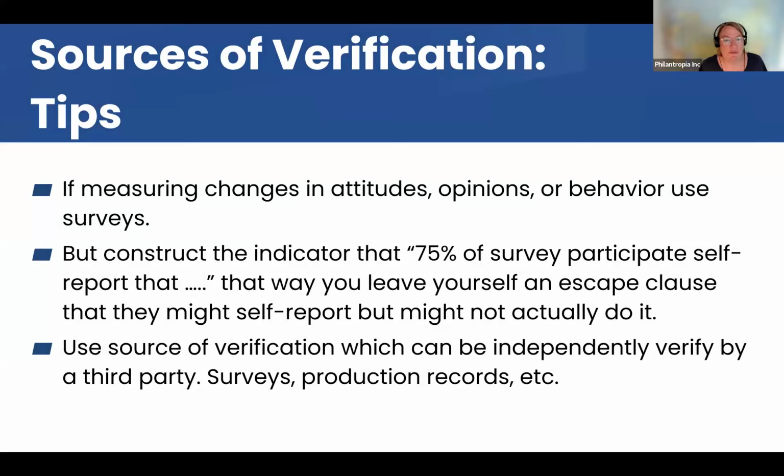When you use the phrasing "75% of survey participants self-report that," then you kind of leave yourself an escape clause if the change that you hope to achieve later is not achieved, because when they self-report, that's still not a guarantee that they actually do what they told you they will, but it still gives you some good values on progress.